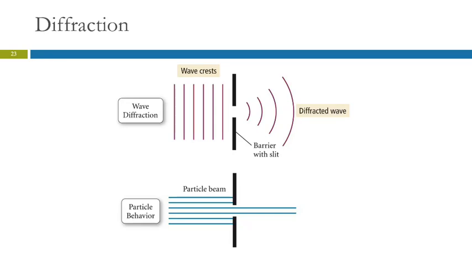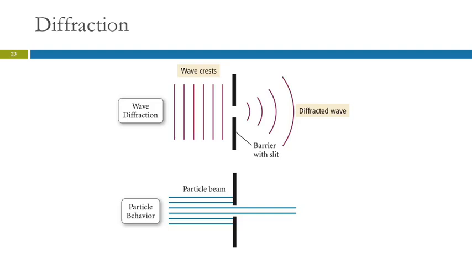So diagrams. Here we have waves, and we're using these lines to represent the crest of the wave. So here's up, and it goes down, and it comes back up, etc. As the wave comes to this barrier that has a slit in it, it doesn't just stop. As the wave travels through this slit, it diffracts, and it's now curved.